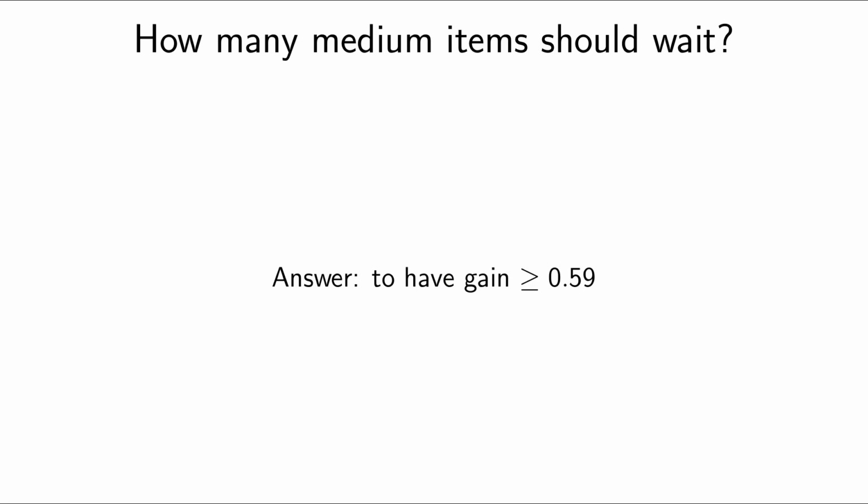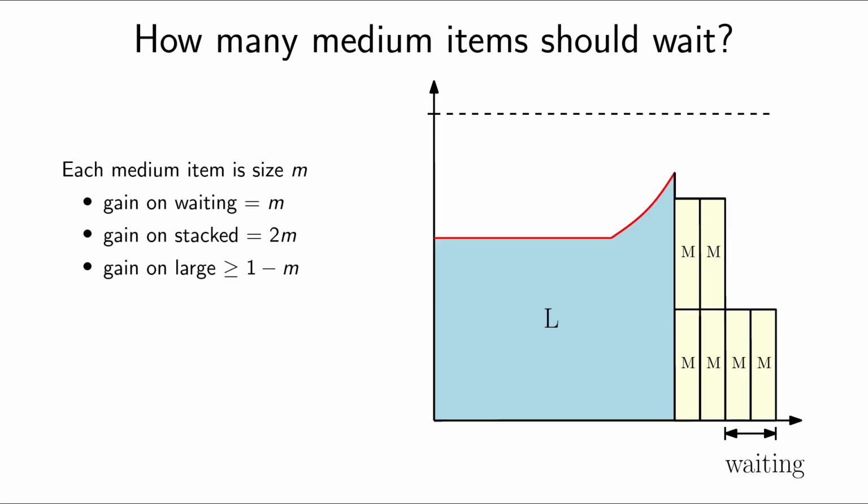So how many medium items should wait? Let's give a simple yet generic answer for this question. The right amount of waiting items should give us the gain 0.59. Let's inspect the gain of the algorithm for a given m. Waiting items are size m. Stacked items are size 2m.